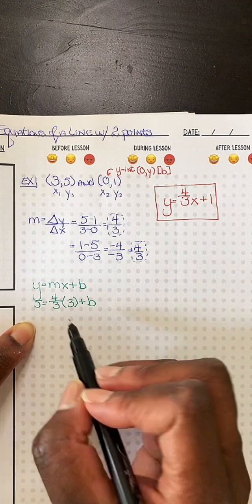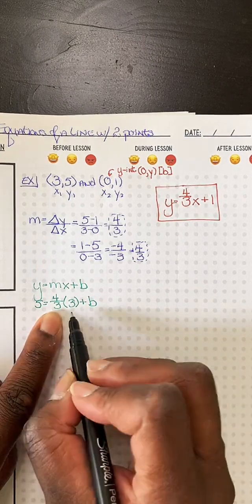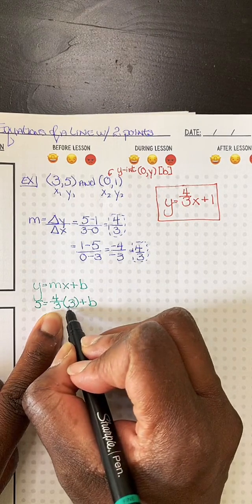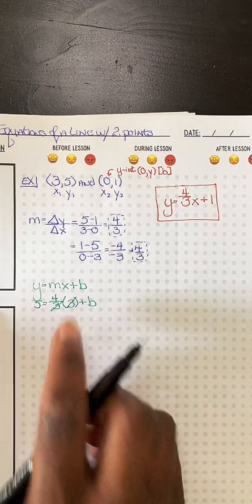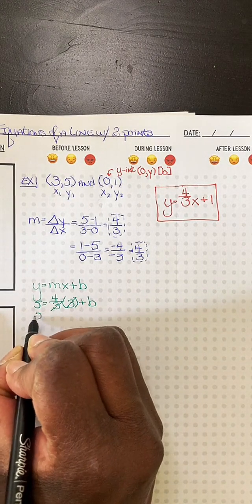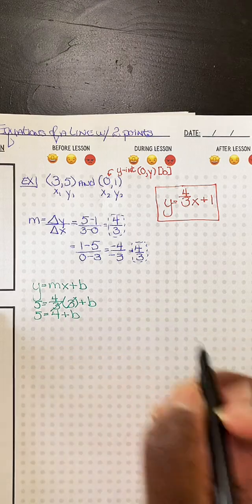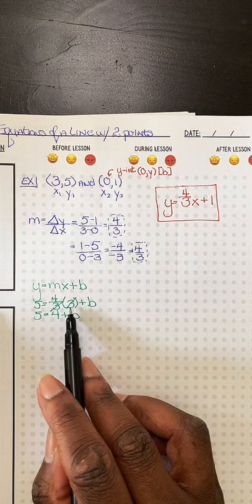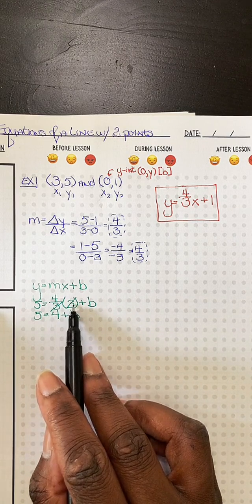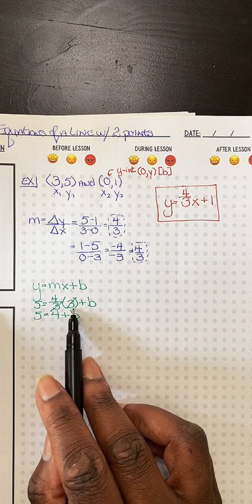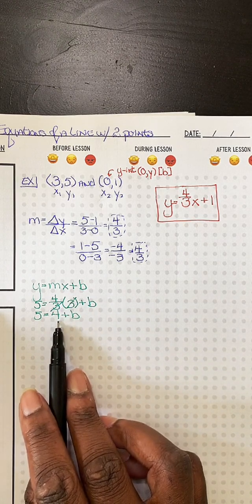If we do that, remember, 3 times 4/3, when my denominator and the whole number are exactly the same, they cancel out to give me 1, so what's left is a 4. So we have 5 equals 4 plus b. If you wanted to put a 1 underneath the 3, you can do 4 times 3, which gives me 12, over 3 times 1, which gives me 3. 12 divided by 3 gives me my 4.